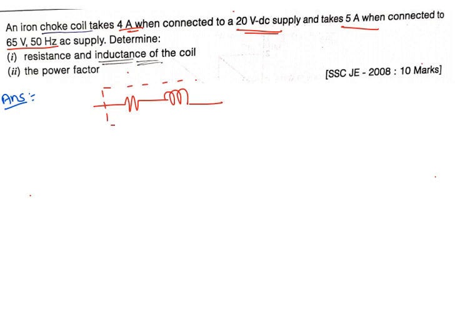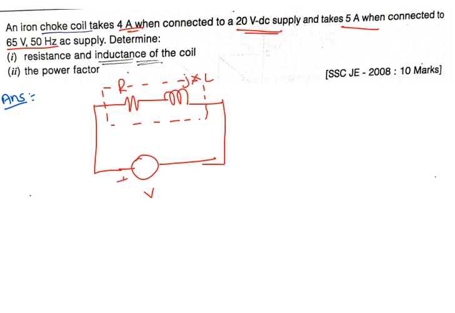This is the iron choke coil, this is the resistance and this is the XL component, and this has been connected to some voltage source, plus minus. In the first case we have to calculate the resistance and inductance of the coil, with current I flowing through them.